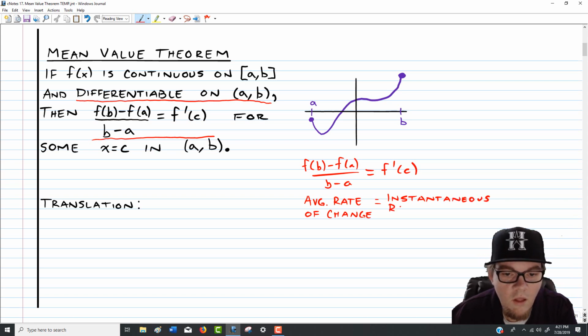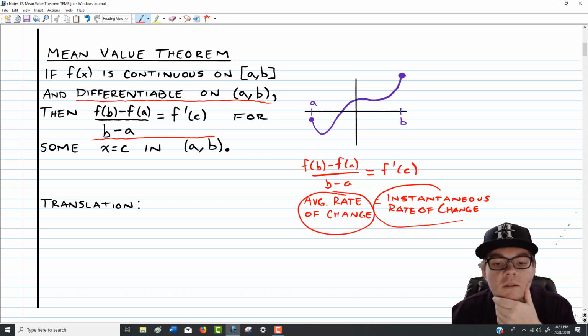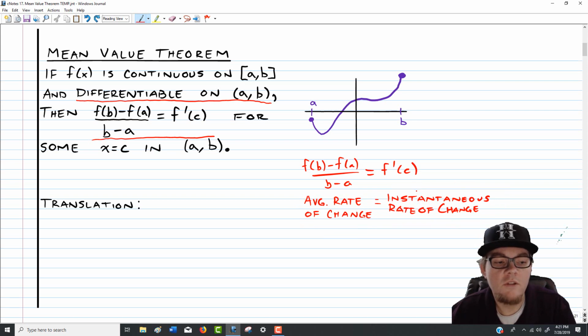These are long phrases to write, I apologize. So in other words, this guarantees, given some conditions are met, that there's going to be a place where the average rate of change is equivalent to the instantaneous rate of change.